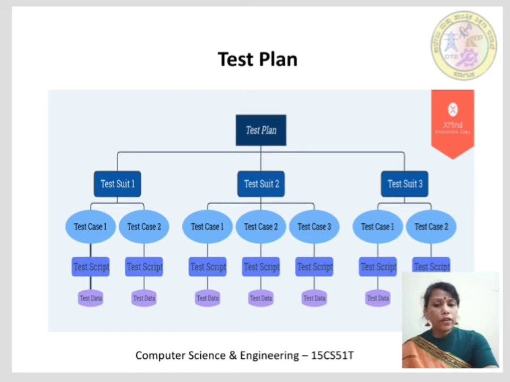It identifies and describes the features to be tested, the testing tasks, who will do each task, the test environment, the test design techniques, and entry and exit criteria to be used. Basically, it is a record of the test planning process.